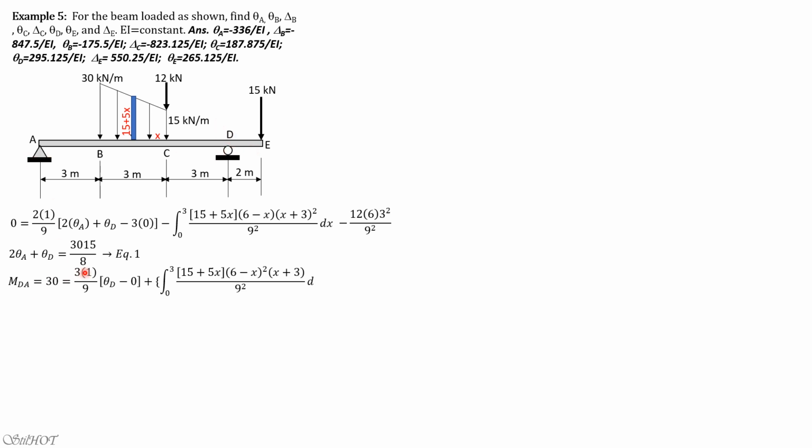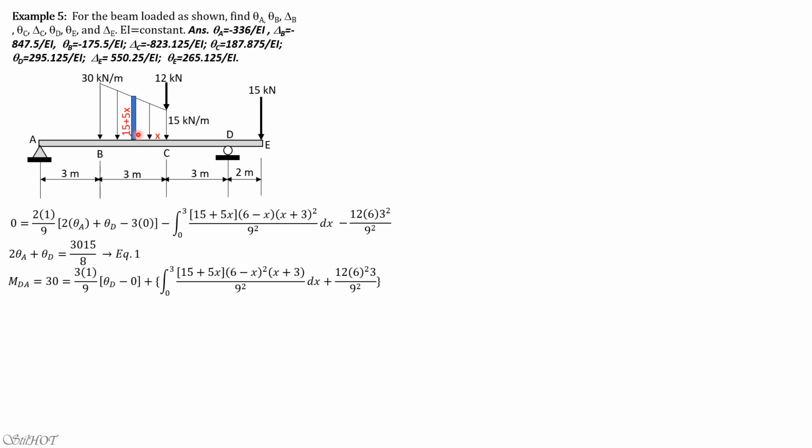So 3EI times 1 over L, 9, quantity theta near, D is near, so theta D minus P delta over 9. Delta is 0 because again, A and D are supports. Then plus the fixed moment at D is positive because if this is right of A, the fixed moment at A would be negative. Remember the principle by slope deflection equation.